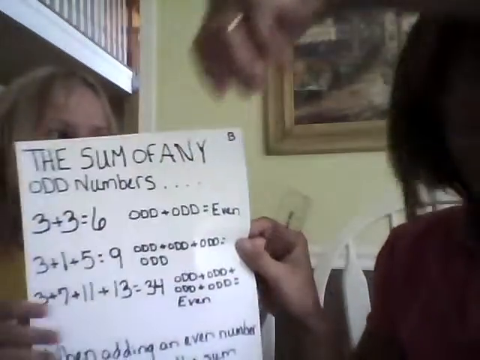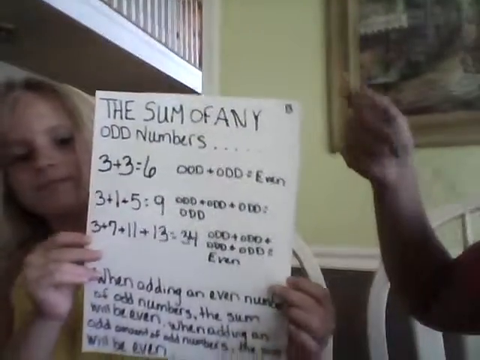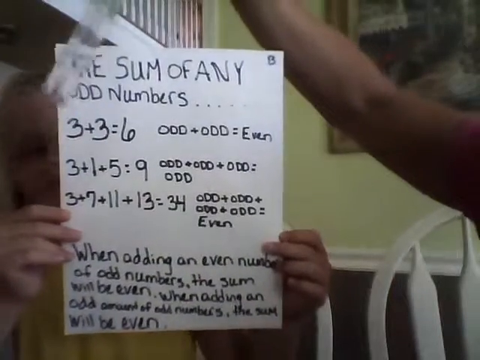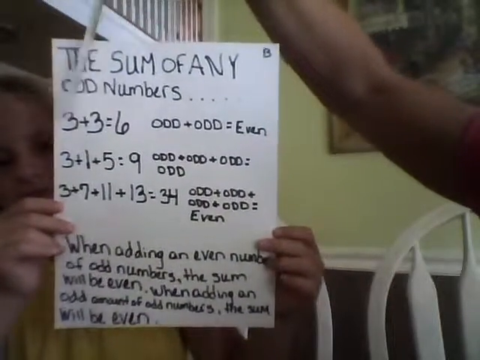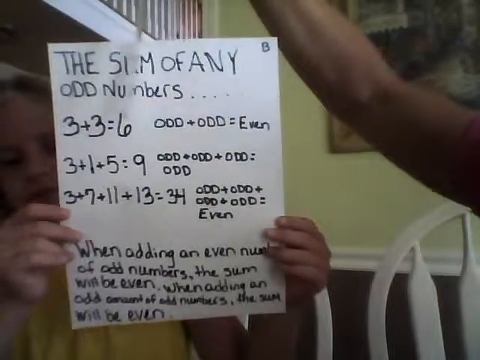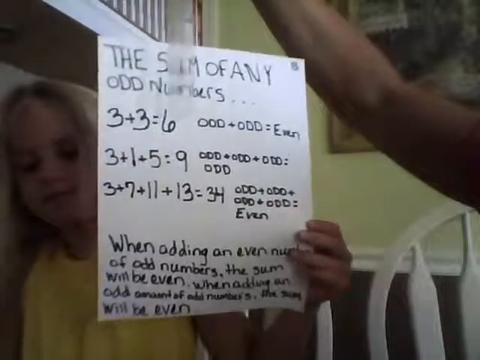Then we had to do the same thing for letter B, using odd numbers. You can use any amount of odd numbers. When I added these two odd numbers together, 3 plus 3, I got an even answer. It would be easy to conclude right now that this gives you even answers.